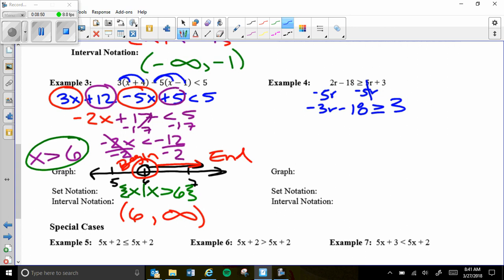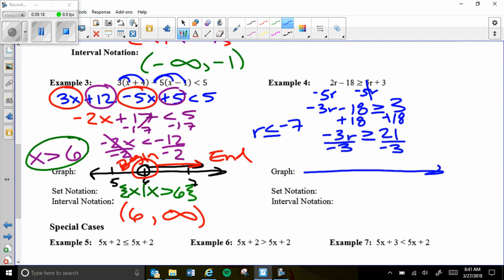My next step is to add 18 to both sides. -3r is greater than or equal to 3 plus 18 is 21. My last step, divide by -3. And when I do that, my inequality sign flips. R is less than or equal to -7.